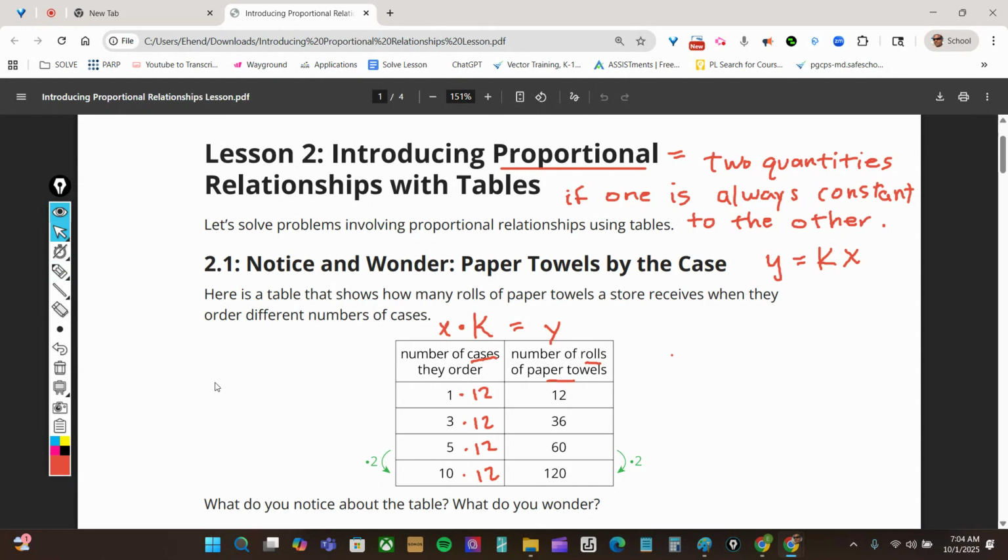All right, so let's talk about constant. Your constant is the fixed multiplier, which is k, and it is also called the unit rate.